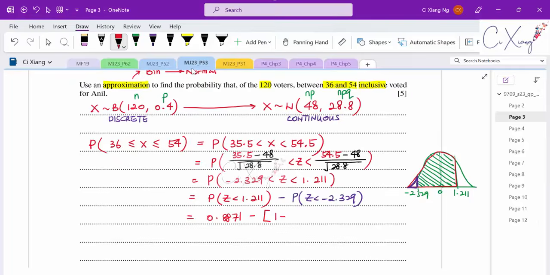So when I put it inside my step here, it will be 1 minus 0.9900. So try to simplify this step here. You have 0.8771. Of course, to be safe, I will change it to 3 significant figures for my final answer. And I have 0.877 correct to 3 significant figures.